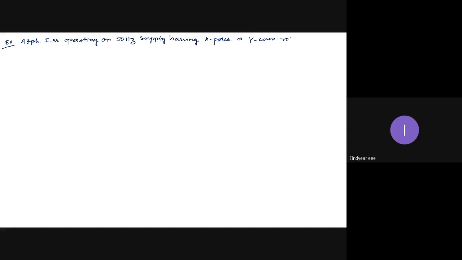A star connected rotor has 90 volts EMF induced between two slip rings at standstill on open circuit.